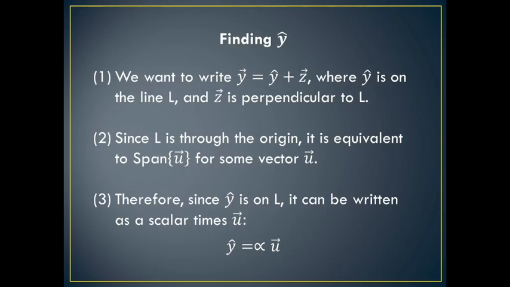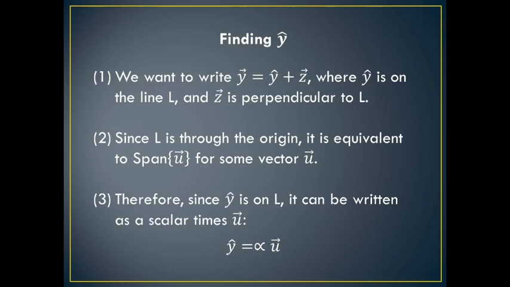Since L is through the origin, it's equivalent to the span of u for some vector u. And therefore, since y hat is on L, we can write it as a scalar times u. Since L is the span of u, any point on L is just some scalar times u. So we have y hat equals alpha times u.